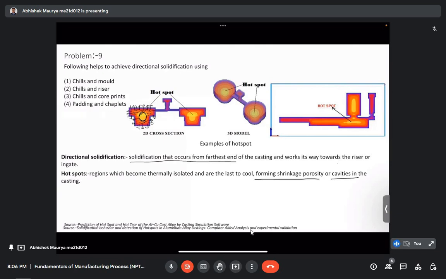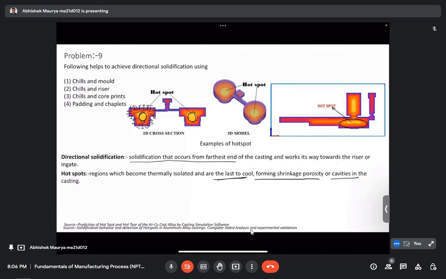And as per the definition, the region which is last to cool is a hot spot. So these are the regions which are last to cool for the given geometry. Similarly, in the right side figure, this is the region where the hot spot has formed.